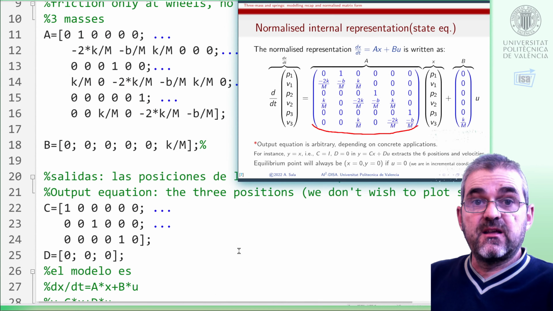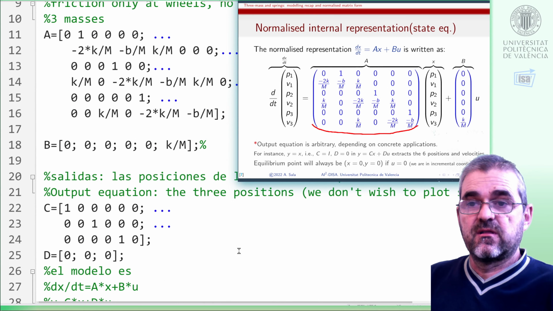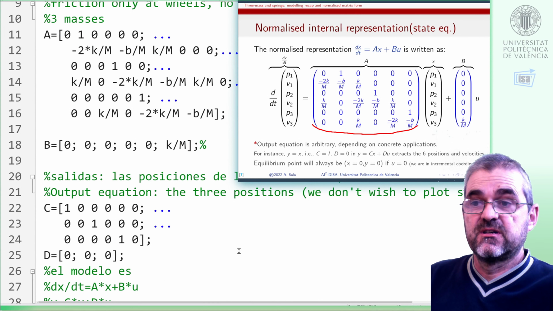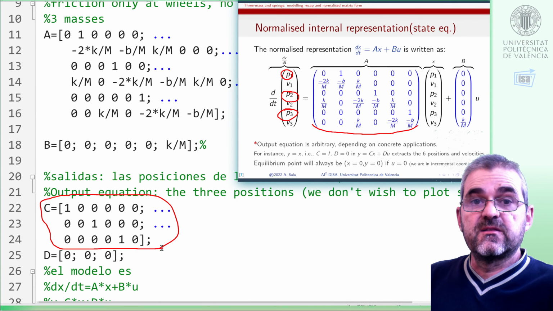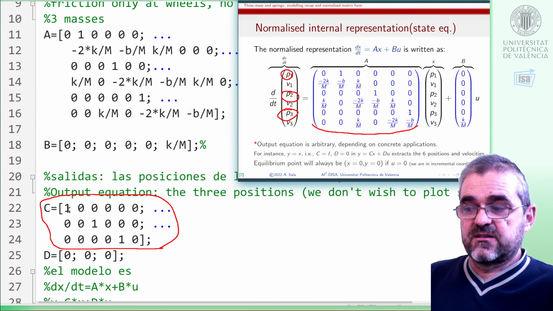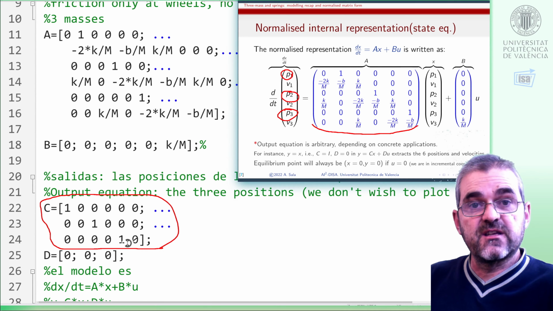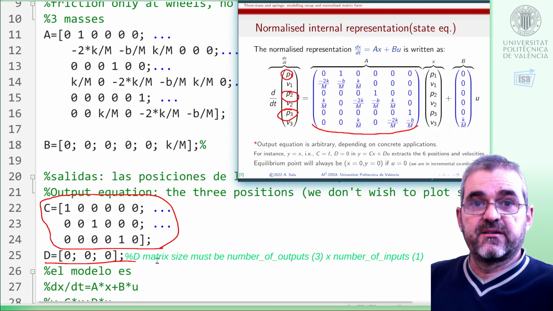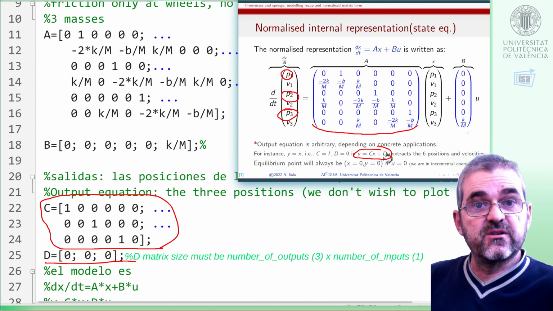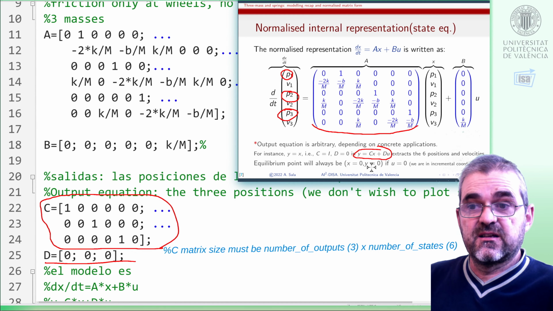In this problem, if we don't wish to plot the speeds, we just want the positions, then positions are the first, third, and fifth state variables. So this C matrix extracts those first, third, and fifth state variables, and then the matrix D is 0, but as there are 3 outputs and 1 input, the dimensions of D must be 3 times 1 in order for this expression to make sense, and matrix C is, of course, 3 times 6.